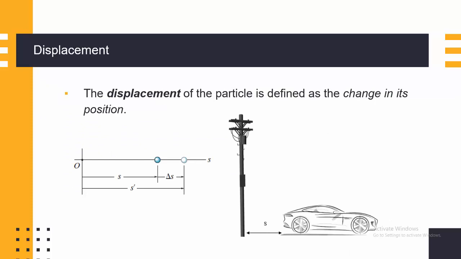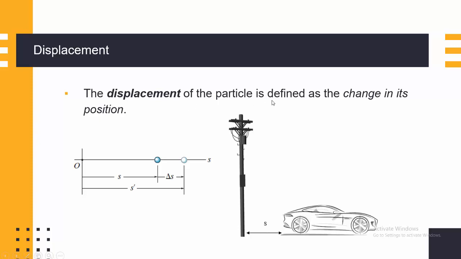Then the displacement. Here the particle moves from the position s to s dash. The difference between s dash and s is delta s. That is the change in position. This change in position is called displacement.